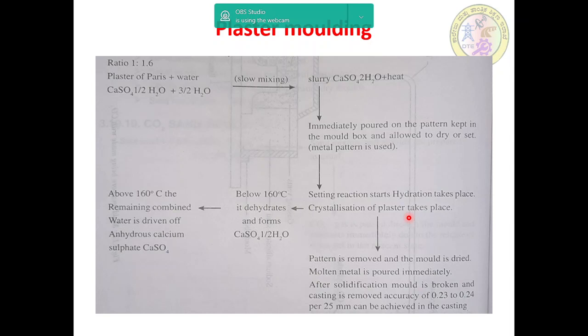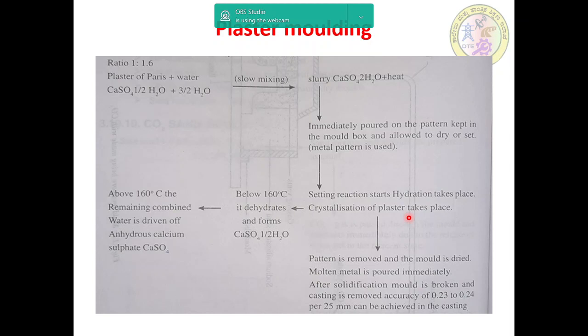Next we will go for plaster molding. Here plaster of Paris or gypsum is used to make molds. Only non-ferrous castings, especially aluminum castings, can be cast.